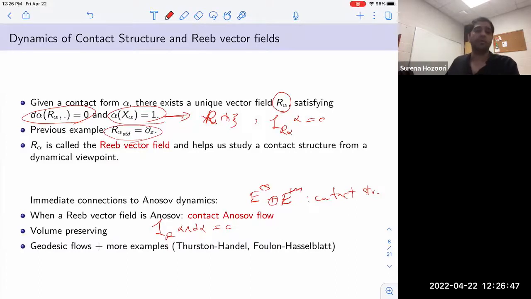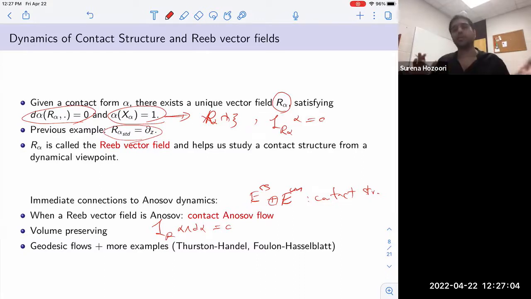And by now we know that we have many more examples, including on hyperbolic manifolds, of these contact Anosov flows. But that's the most immediate and straightforward way to connect contact geometry and Anosov dynamics.